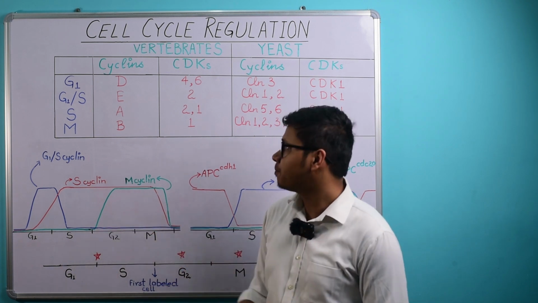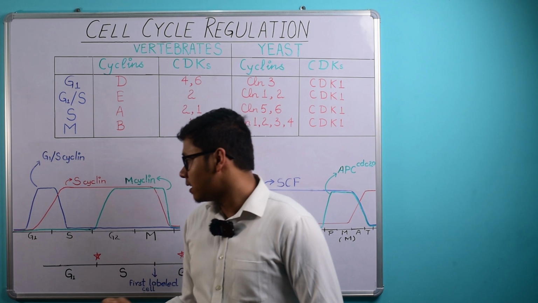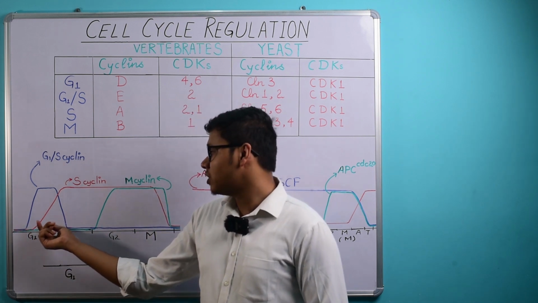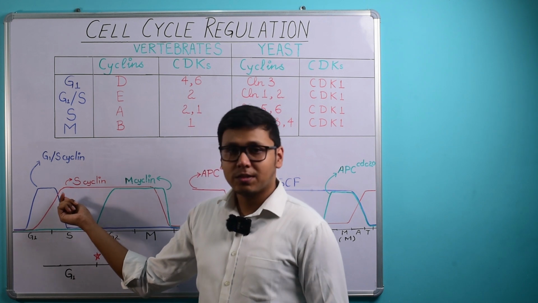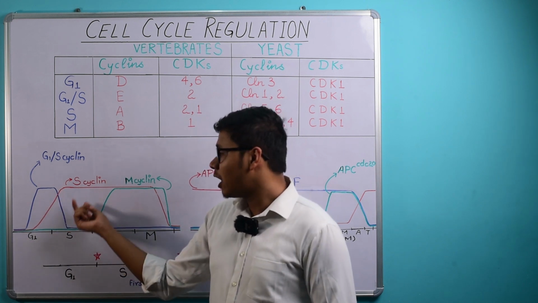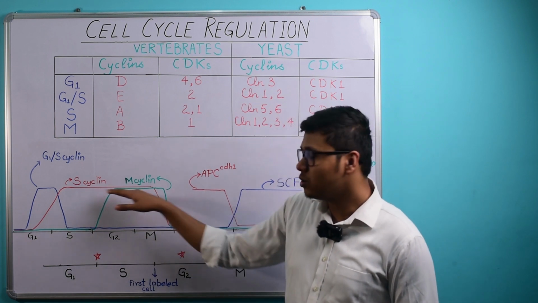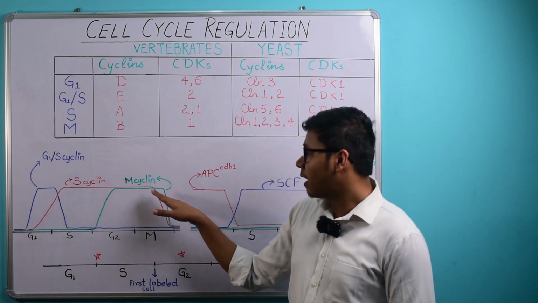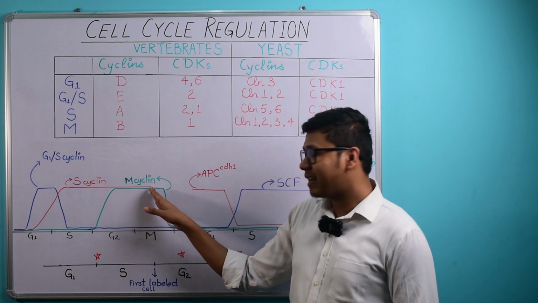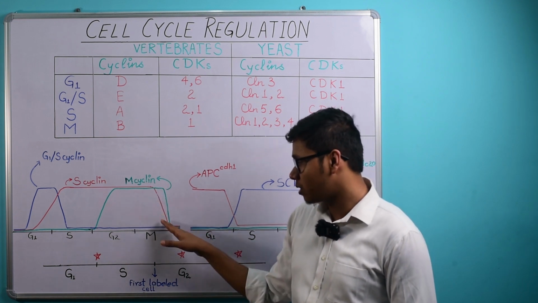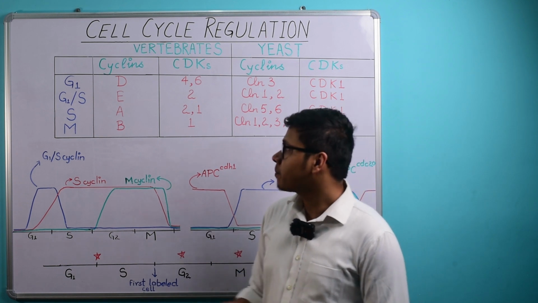The S phase cyclin's level starts increasing again in the last stage of the G1 phase, and it helps in the transition of G1 to S and also helps in DNA replication, and its level continues to be high until the metaphase to anaphase transition. After that its level goes down to normal.